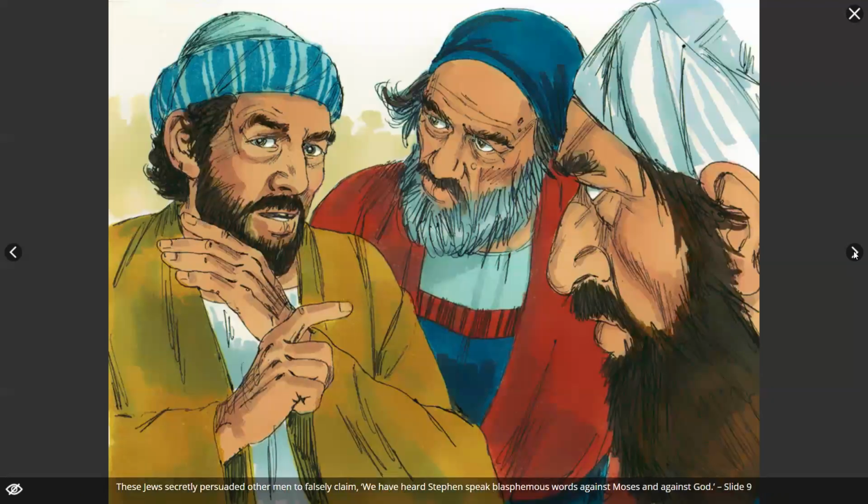Now, Lanaya, can you read the next one? These Jews secretly persuaded other men to falsely claim, we have heard Stephen speak blasphemous words against Moses and against God. Very good.